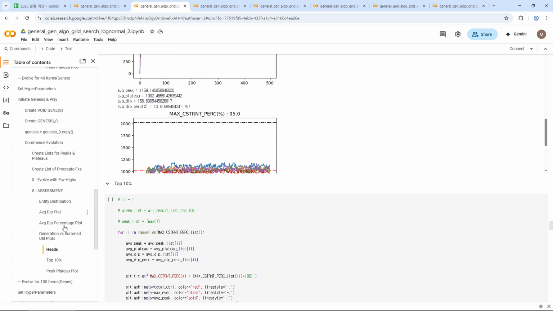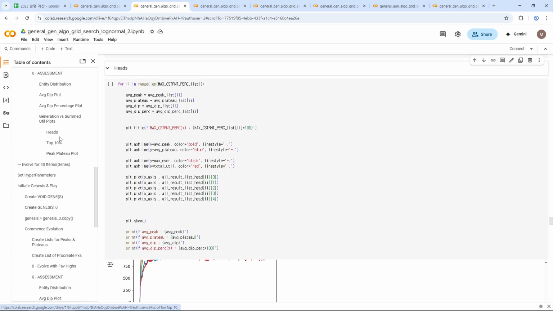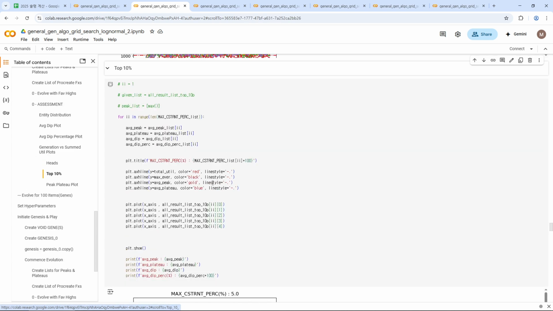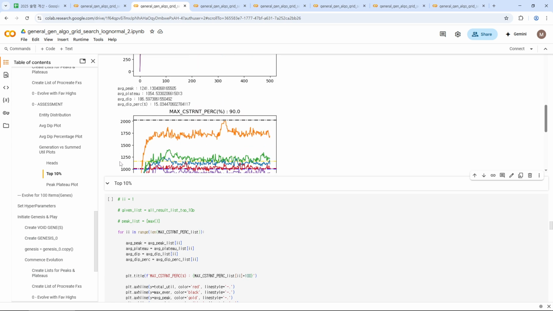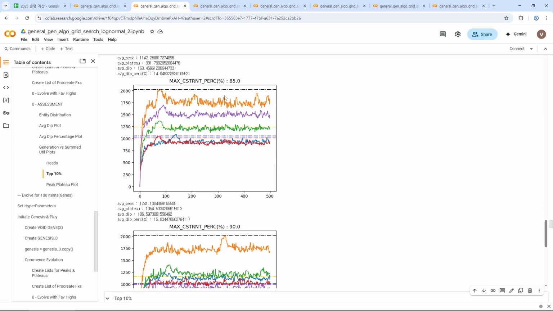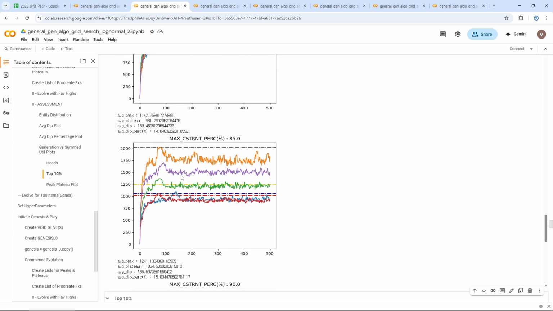So I guess what happened here, and also when we had 10 items, is that when the maximum constraint percentage was at 85, something happened and caused this. Some mutations happened, and then some of the top entities got to procreate, and that led to this and this, the maximum ever value.